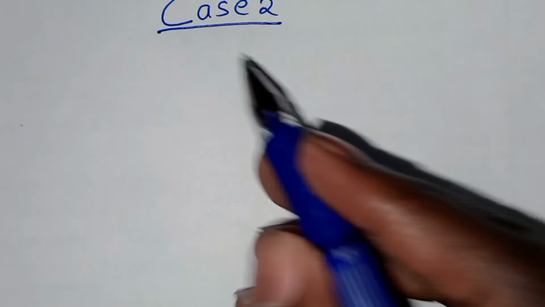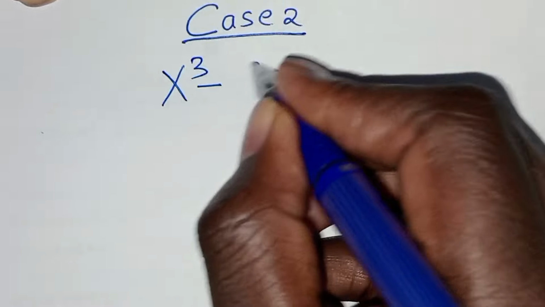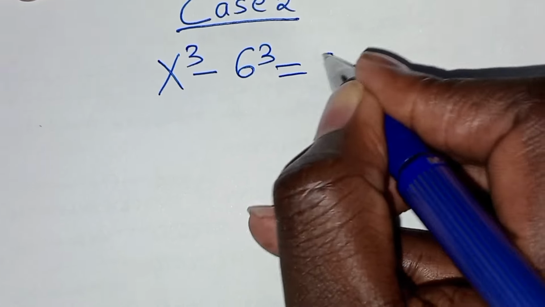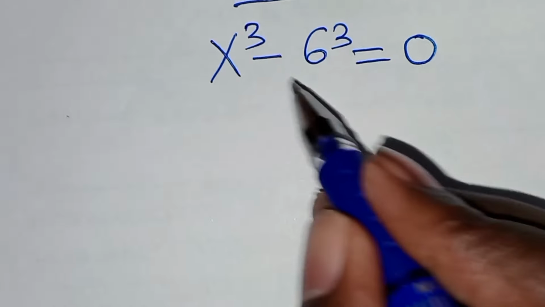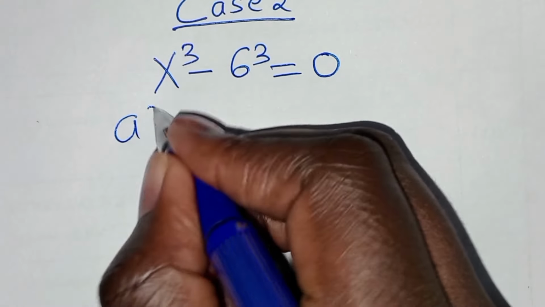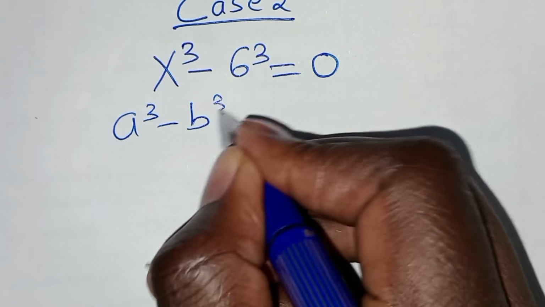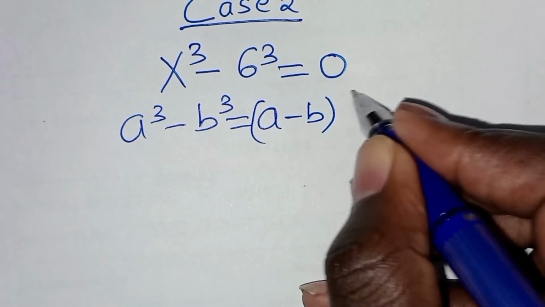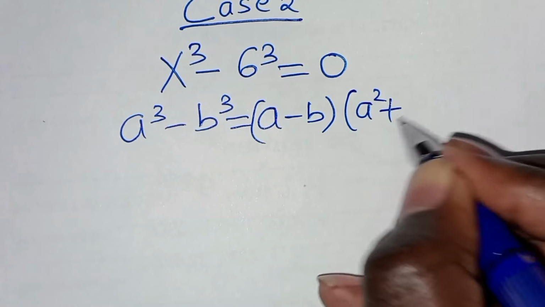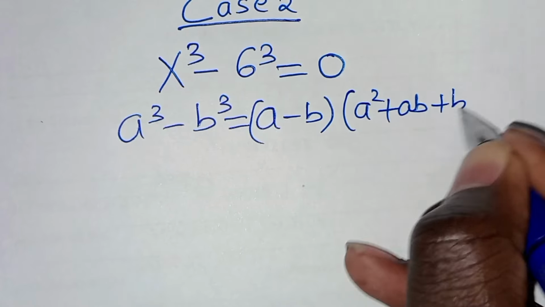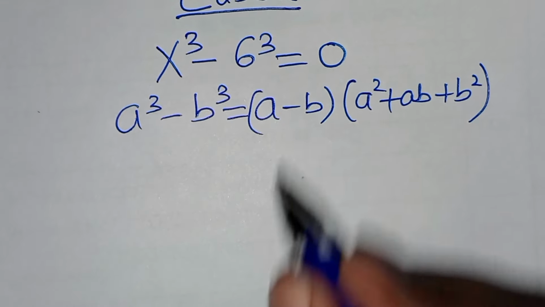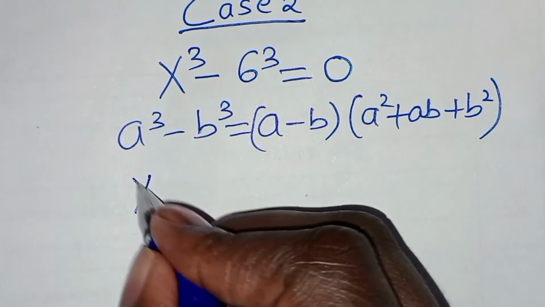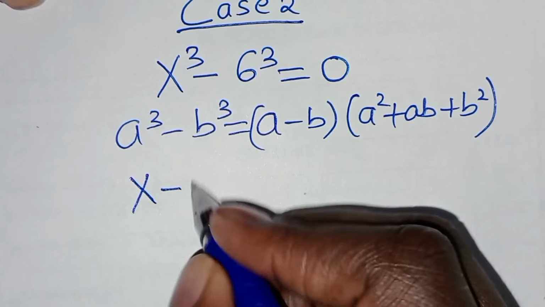Now, in case 2 here, we have x to the power 3 subtract 6 to the power 3. This is equal to 0. Now, this is actually in the form of a to the power 3, the difference of 2 cubes, which you can express as a minus b, a squared plus a times b, then plus b squared. So from here, we have x minus 6.